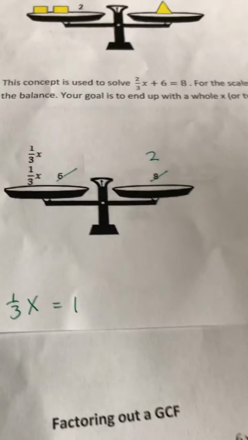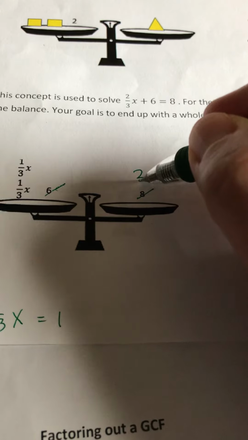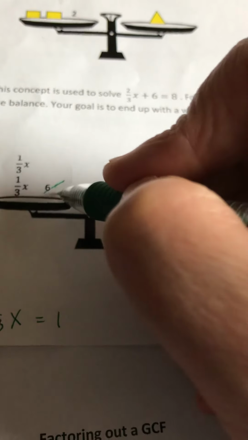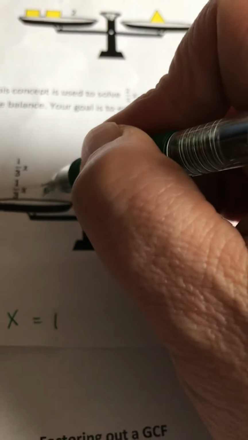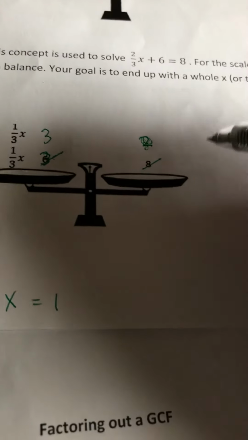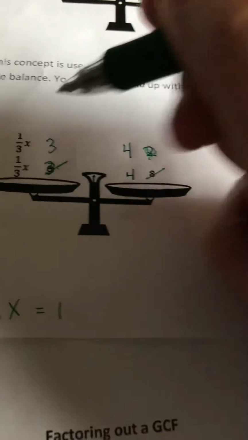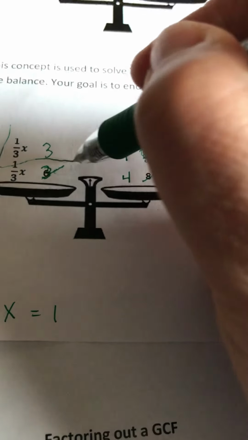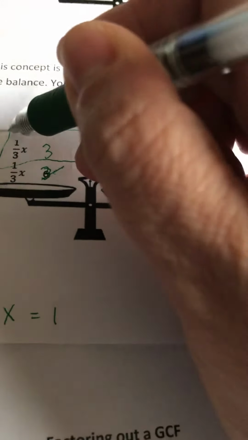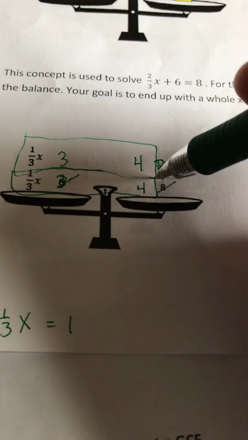Or I might have a student who could recognize something like this, if I split that up into like 3 and 3. And then I split my 8 up into 4 and 4. Okay, and then I could separate off my equation like this. This balances. This balances. I want a whole x.